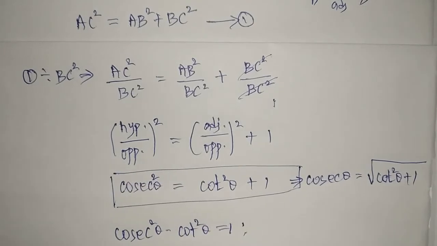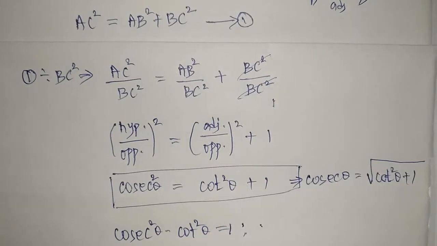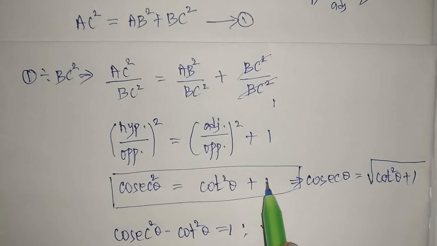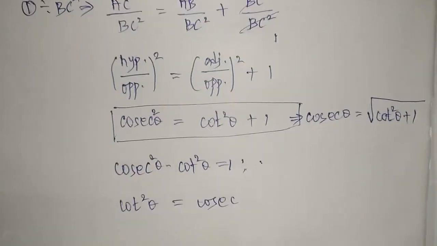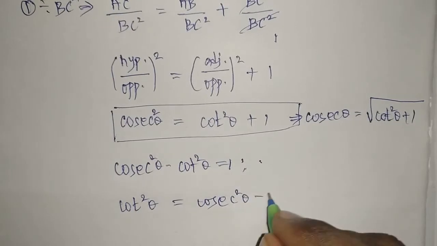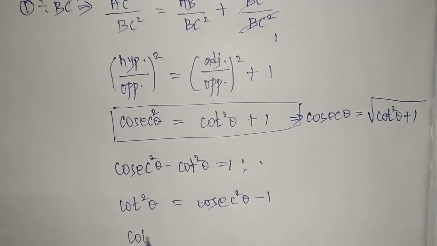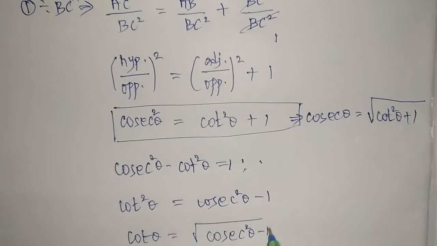This is another identity. If you want only cot square, keep it on this side and send the 1 opposite, then I'm getting cosecant square theta minus 1. This is another identity. Here if you want only cot theta, send the square opposite, then the square root of cosecant square theta minus 1.